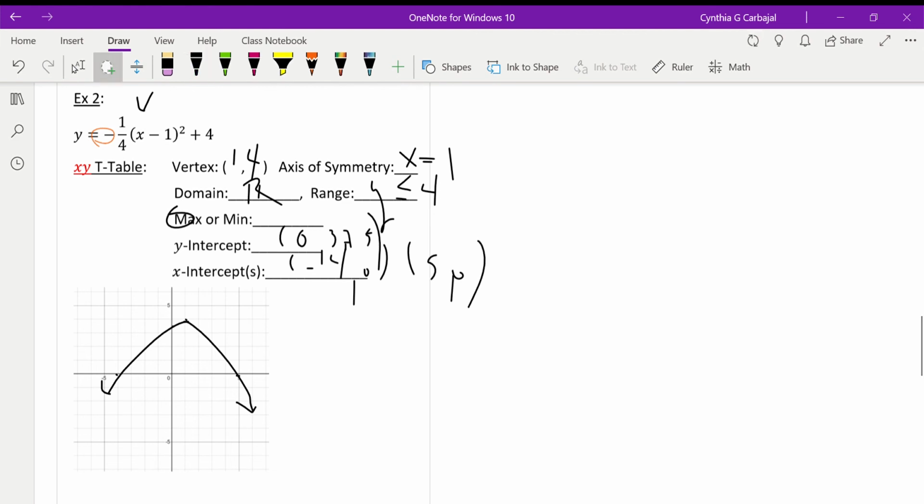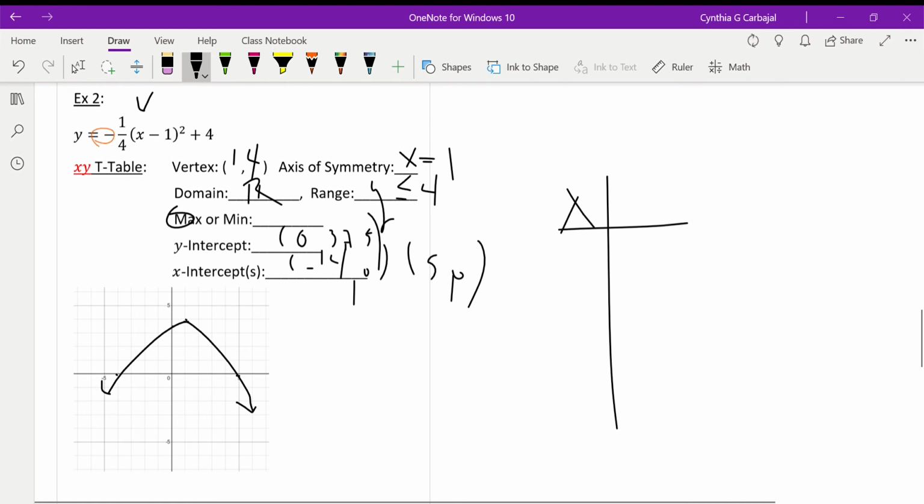Okay, so again, you can always check yourself with the graphing calculator. You can also make yourself a little table, and I would plug in numbers that for sure I could get whole numbers. So I plugged in a 5, and that would give me a 0. I think if I plug in a 3, I get a number. 3 minus 1 is 2. 2 squared is 4. 4 times negative 1/4 would be negative 1, so that would be a plus 3.